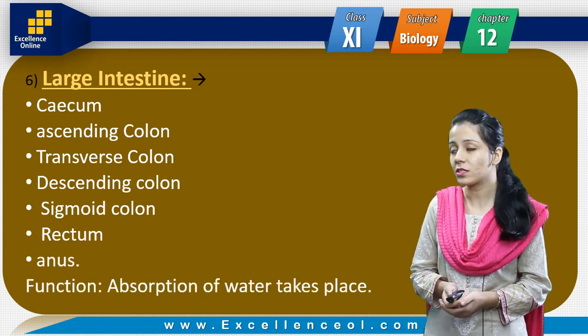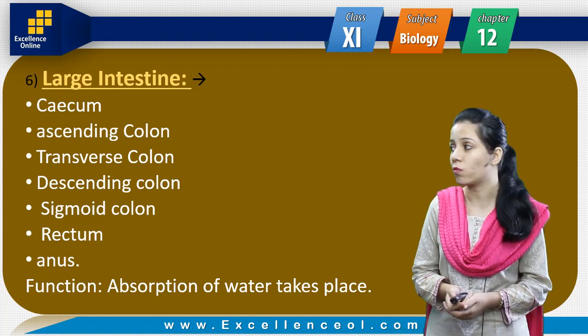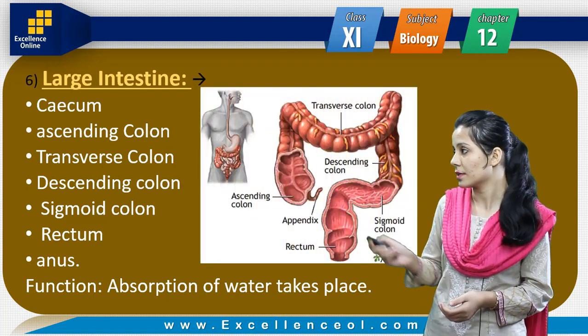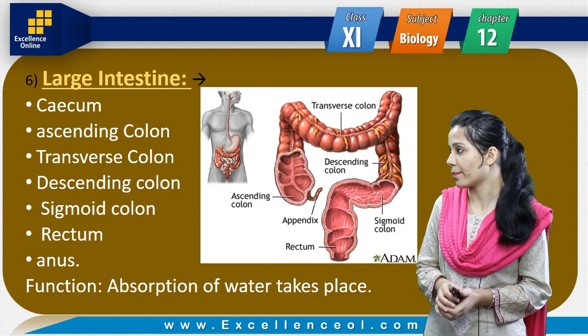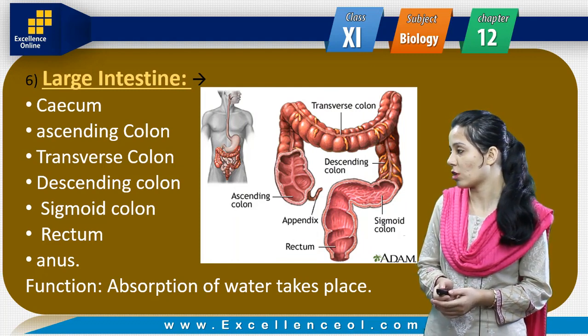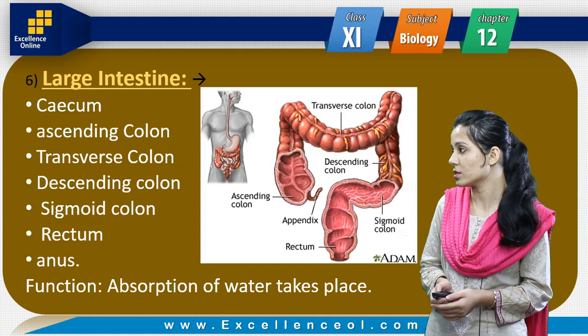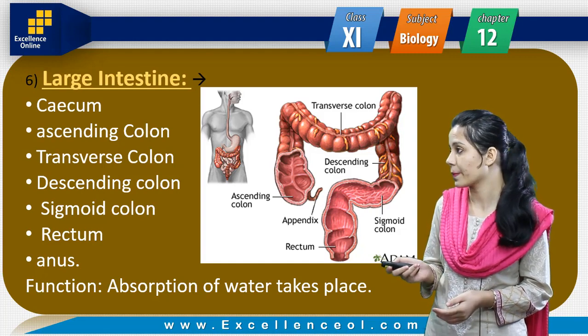The function of the large intestine is absorption of water. These are the parts of the large intestine: first the appendix, then ascending colon, transverse colon, descending colon, sigmoid colon and rectum.